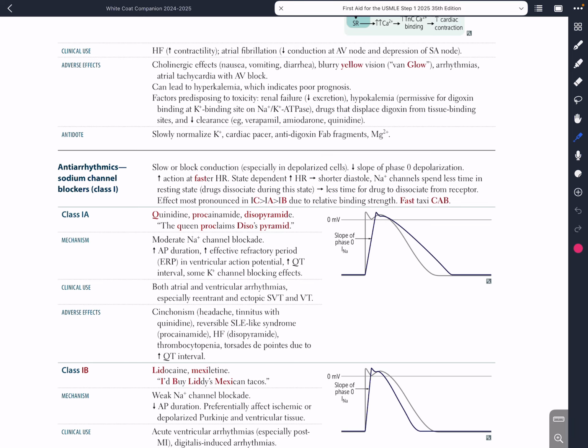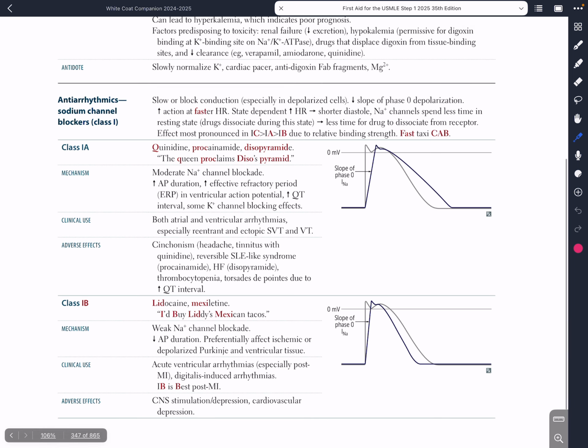So factors predisposing to toxicity are renal failure, hypokalemia, and drugs that displace digoxin from tissue binding sites and decrease clearance, like verapamil, amiodarone, quinidine. The antidote for digoxin: slowly normalize potassium. A cardiac pacer can be used, anti-digoxin Fab fragments can be given, and magnesium, Mg2+, is given.